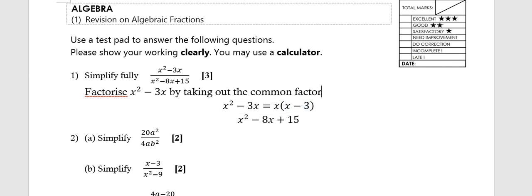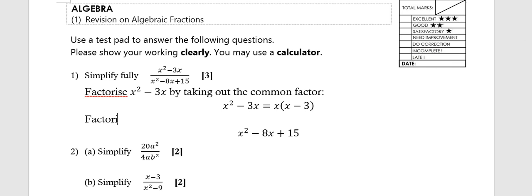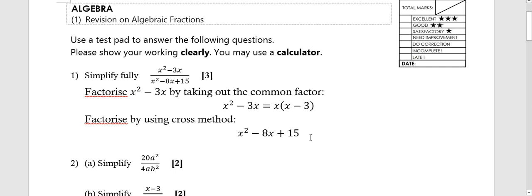And then for the second one, this is a quadratic expression, so one way to factorize it is by using the classic cross method, or whatever method you think is suitable. You look at the first term, which is x squared.